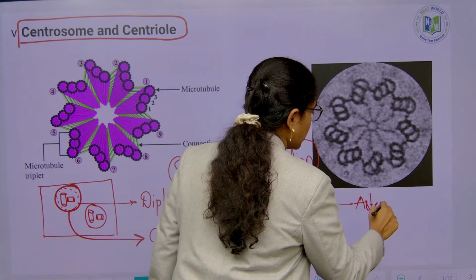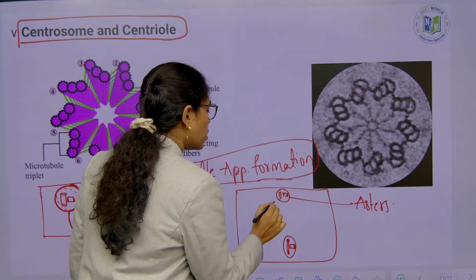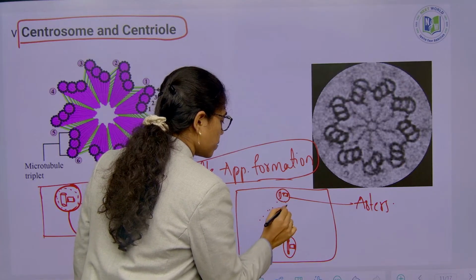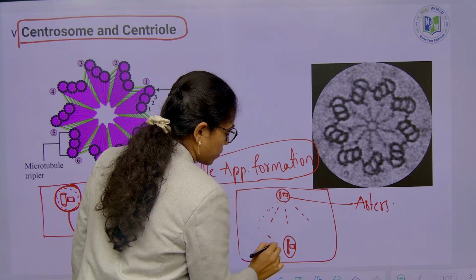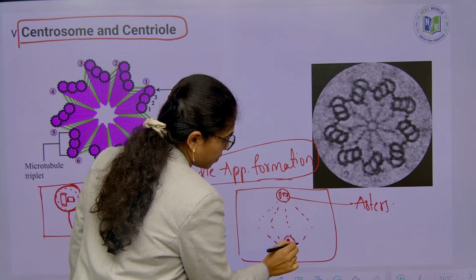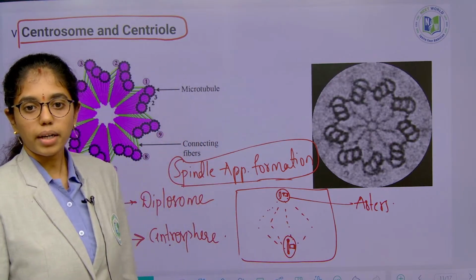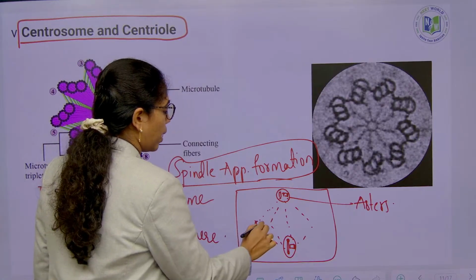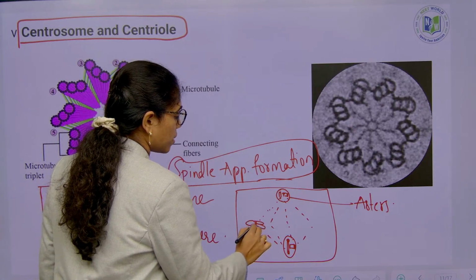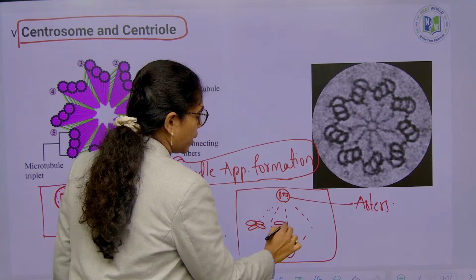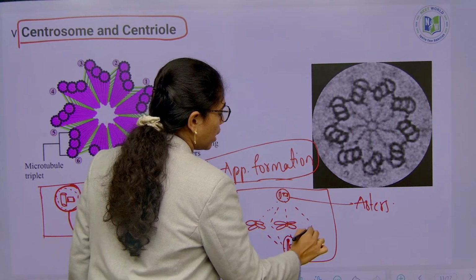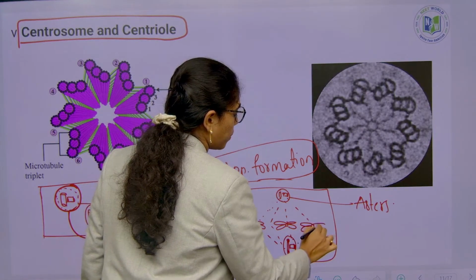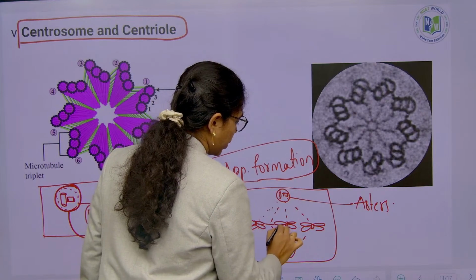Asters. These asters will radiate out spindle fibers. Got it right, ma? And you have to tell me which phase it is. Very good. How can you tell that? All chromosomes are aligned to one plate, that is equatorial plate.